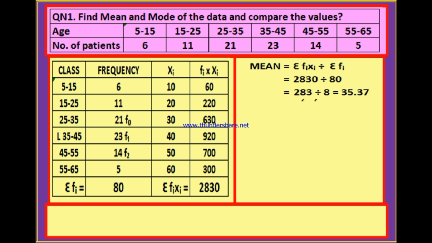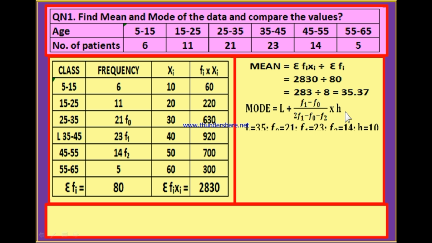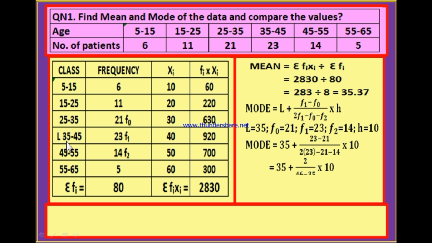The formula to find mode is L plus (F1 minus F0) by (2F1 minus F0 minus F2) into H. Here L is equal to 35, F0 is equal to 21, F1 is equal to 23, F2 is equal to 14, and H.